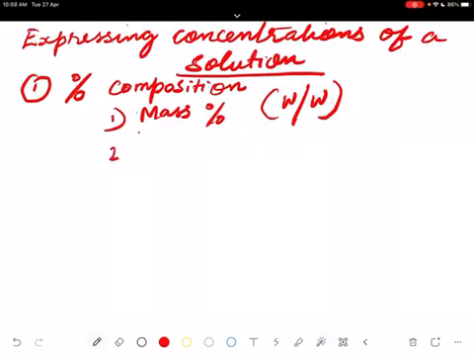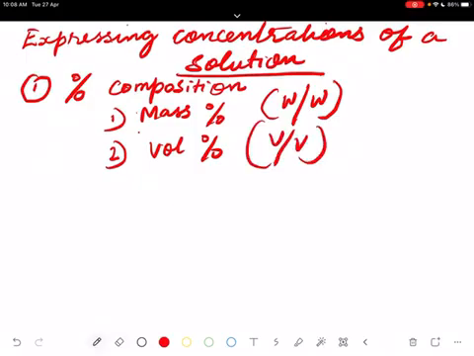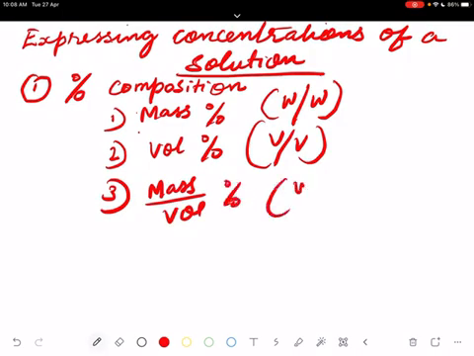Number 2, volume percent, V slash V. That is volume of the solute upon total volume of the solution into 100. Number 3, mass by volume percent, that is W slash V. In medicines, that is in suspensions, liquid medicines, it is given in this format.